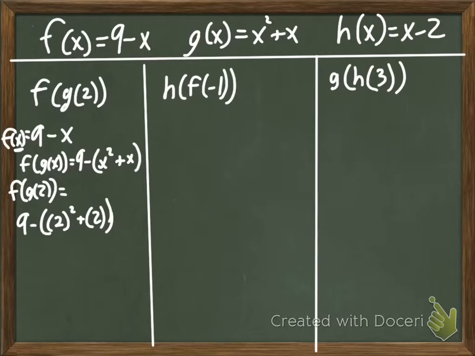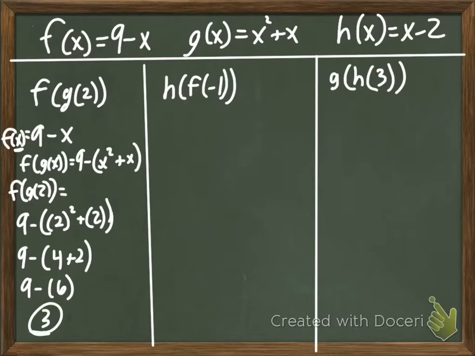Now we just do the simple part of the algebra. So we get 9 minus 2 squared is 4, plus 2. 4 plus 2 is 6. 9 minus 6 is 3. So when we compose those functions together, what we get is 3.